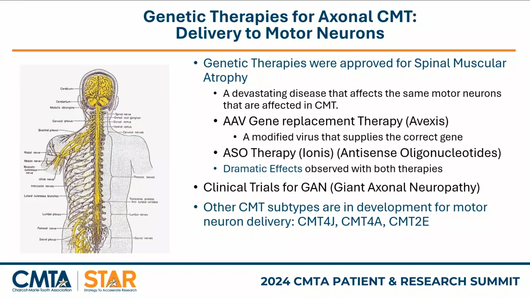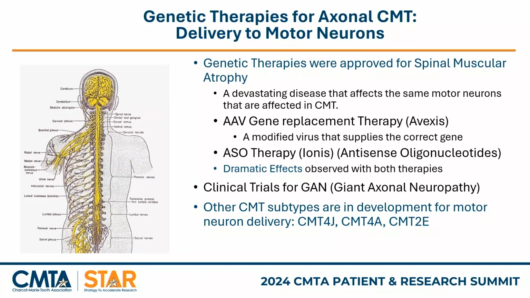This was really patterned on earlier success in a disease known as spinal muscular atrophy. This has been a tremendous success story for the field, with an FDA-approved therapy. There are different types of that therapy, but AAV gene replacement therapy has been very spectacular in treating a devastating disease that affects the same cell types that are affected in CMT as well.